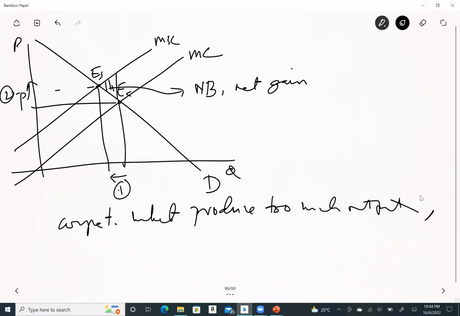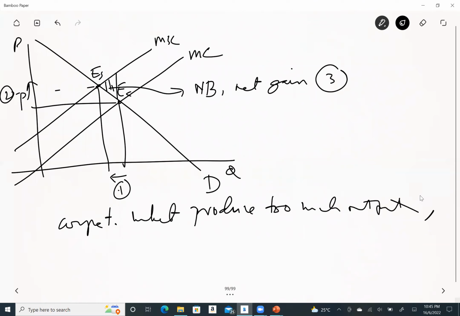So you got the net gain over there. There are three things: 1, 2, 3. These are the effects of the negative externality on the market. Any question?